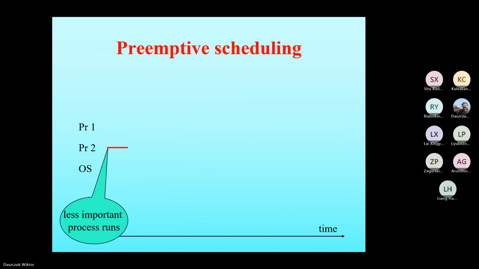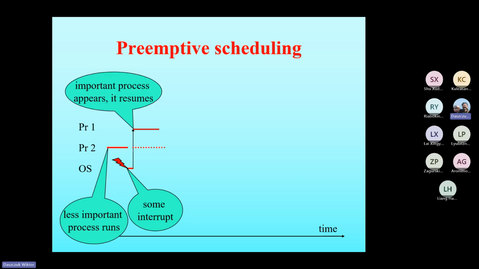Let's look at similar scheme. Less important process runs, some interrupt occurs, a more important process appears, and we suddenly allocate the resource to this process at once. It is preemptive. So non-preemptive means we wait until the process waits from the resource, or preemptive, we take back the resource from the process at once and give to other process.